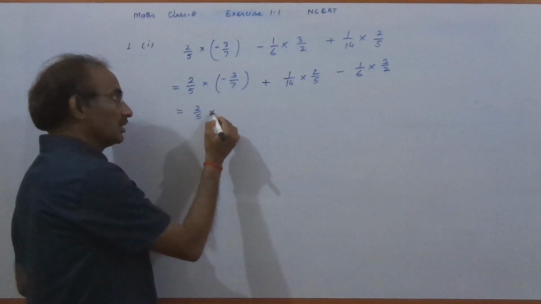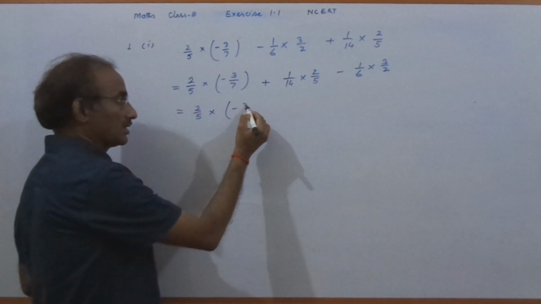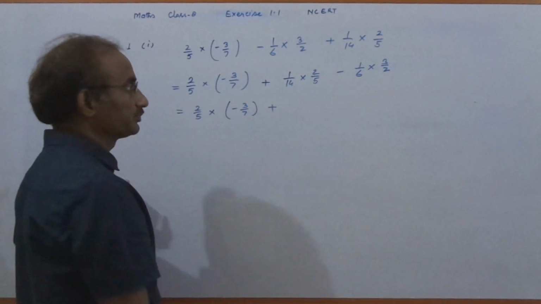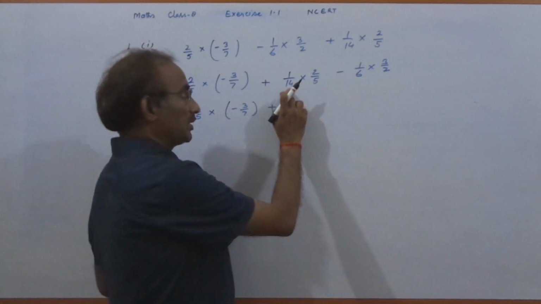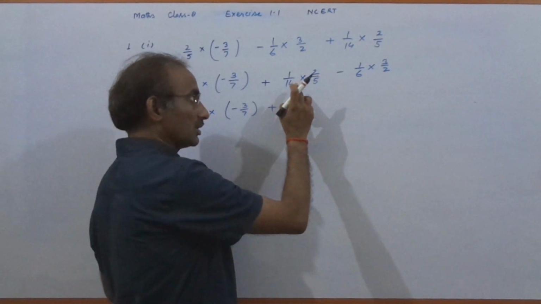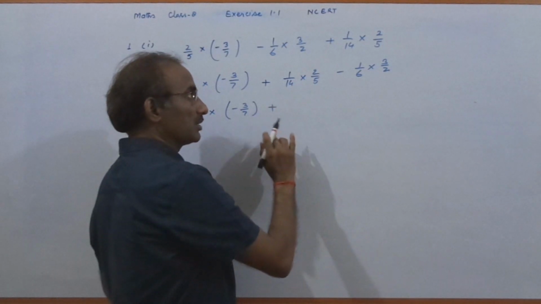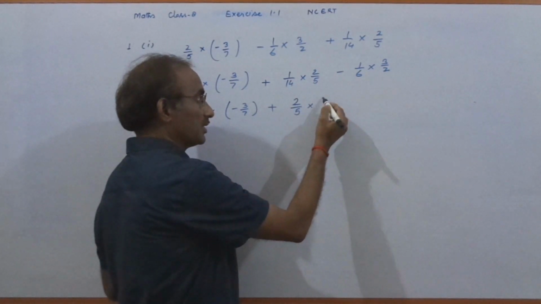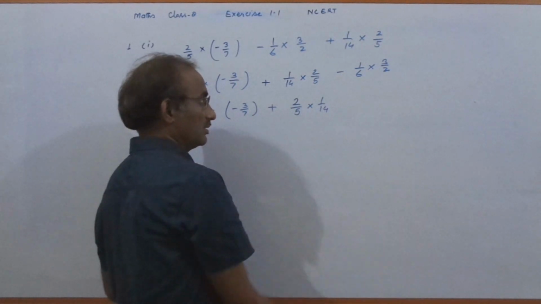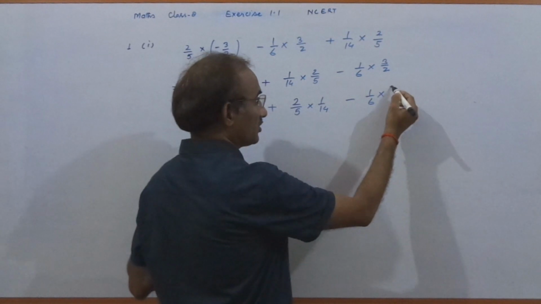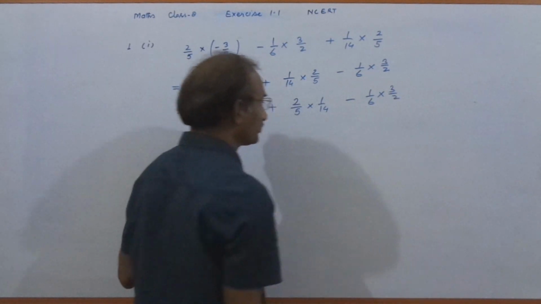Further, it can be written as 2 upon 5 minus 3 upon 7 plus. Here we have 1 upon 14 multiplied with 2 upon 5. So using the rule of commutativity for multiplication, it can be written as 2 upon 5 into 1 upon 14 minus 1 upon 6 into 3 upon 2.